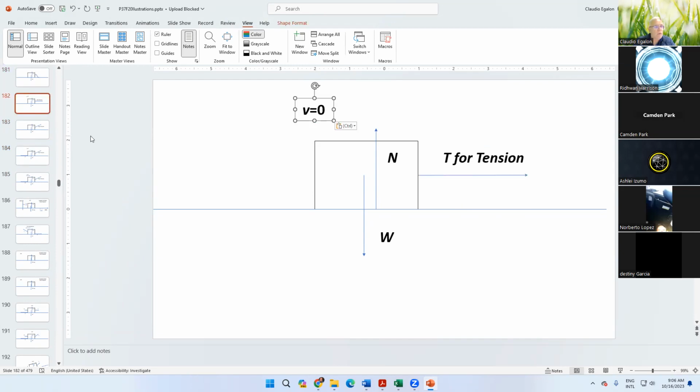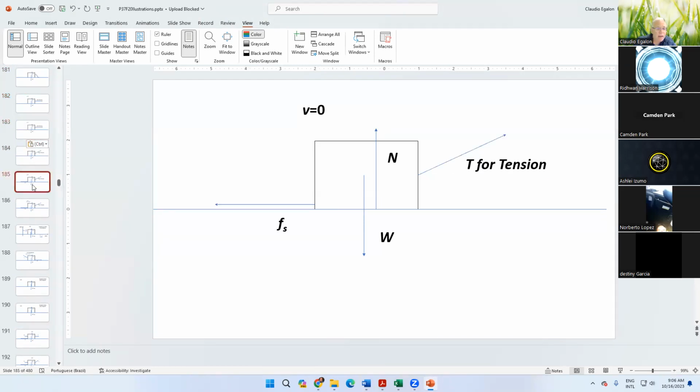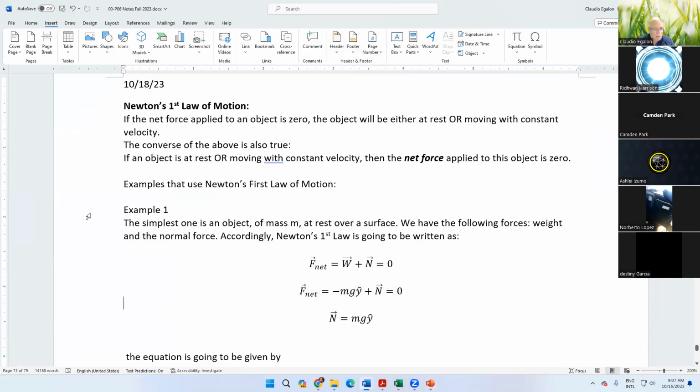If v equal to 0, it means that we must have a frictional force acting on this object, like that. In this case, it's going to be the force of static friction. Oh, not this one. This one right here. Okay. Example 2, right? Let's take a look. Example 2.